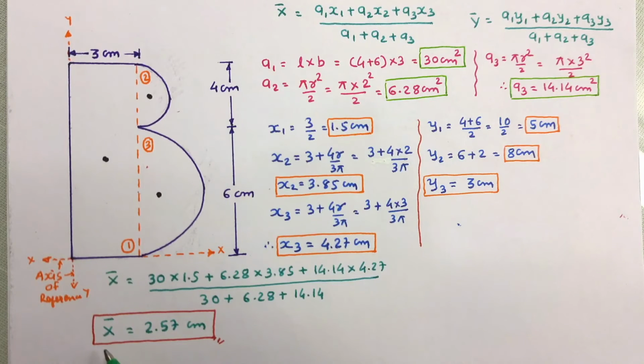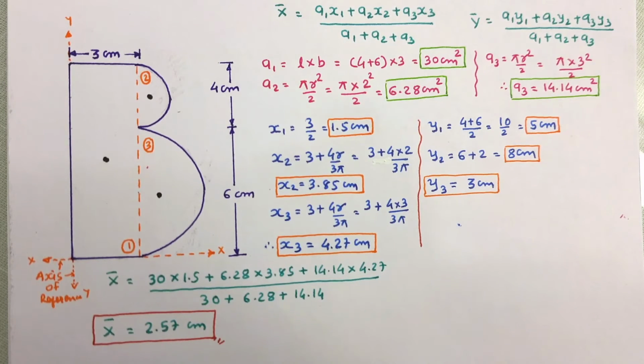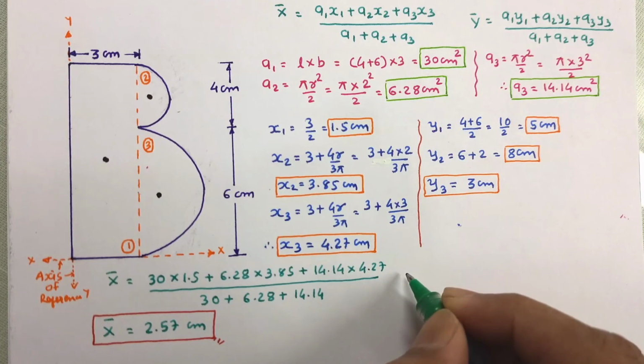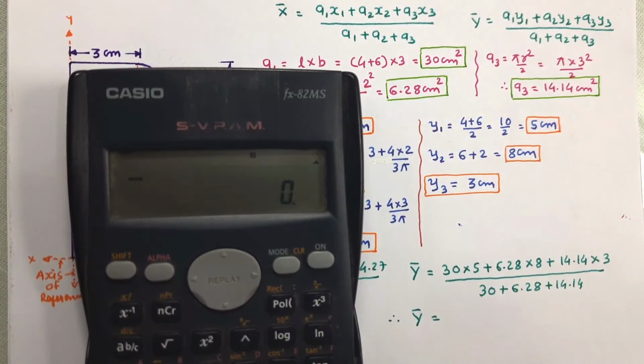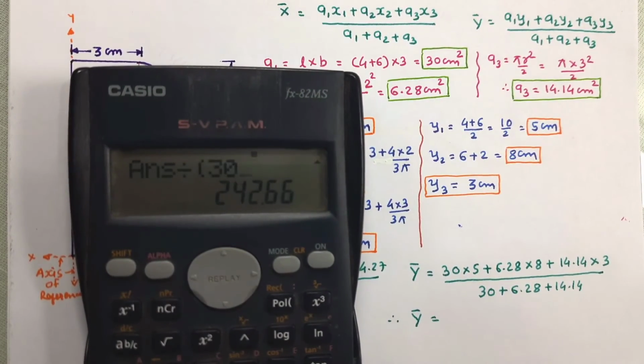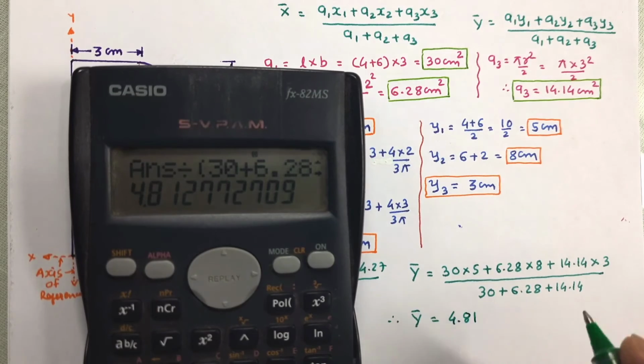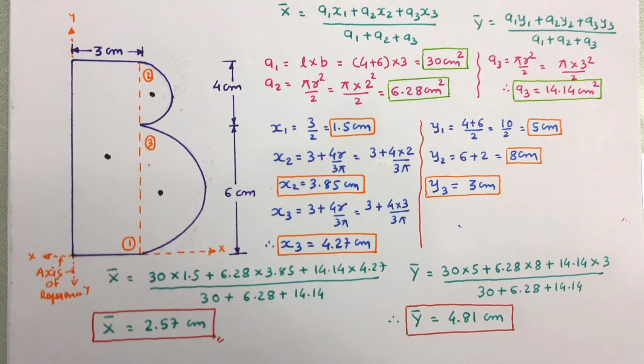So x bar has been obtained as 2.57 centimeter. Now let us substitute all the values in y bar and work out y bar. So y bar has been worked out as 4.81 centimeter.